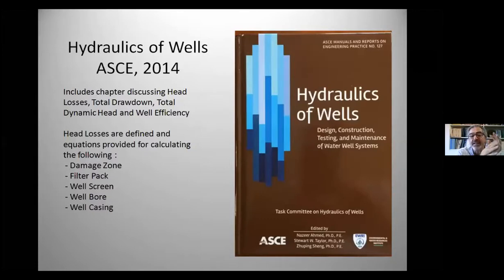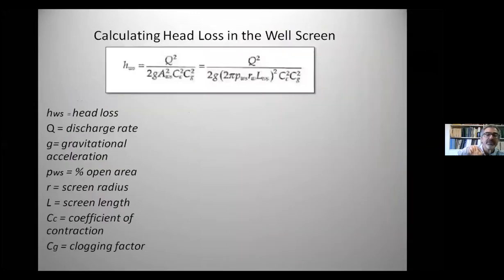These authors identified those particular components, but then went further to provide mathematical formulas whereby you could determine the contributing head loss components for each one of those individual levels.